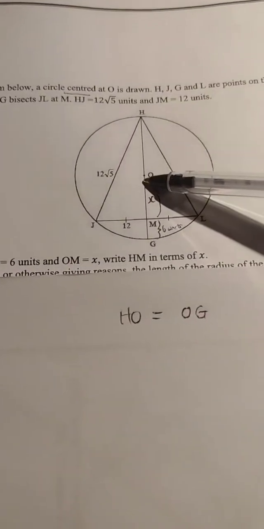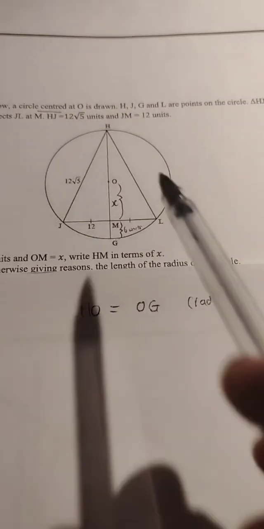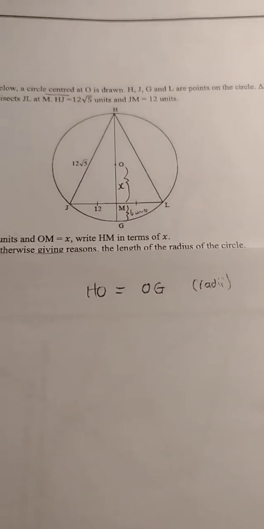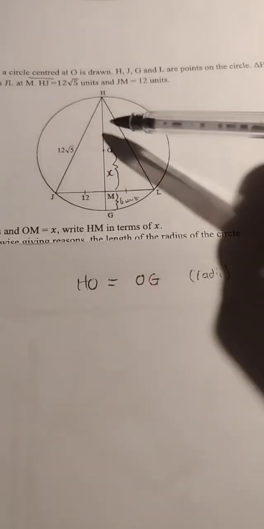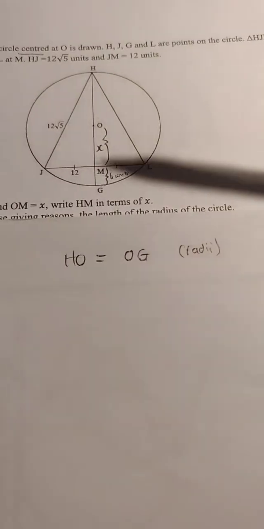Why is HO equal to OG? These are both radii, and we know our radii are equal. HO is a radius. OG is also a radius. The two are equal.